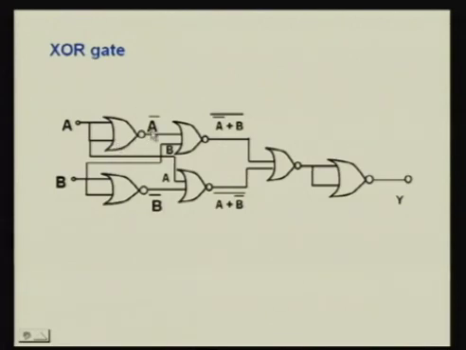So we have to take A bar and B bar, and apply A bar B and AB bar to the third and fourth NOR gates, and after that we will be getting the complement of A bar plus B complement and A plus B bar complement. If we again use these two as the inputs of a NOR gate, we will be getting the complement of the whole sum, and then if we complement it again, we will be getting the output of an XOR gate.